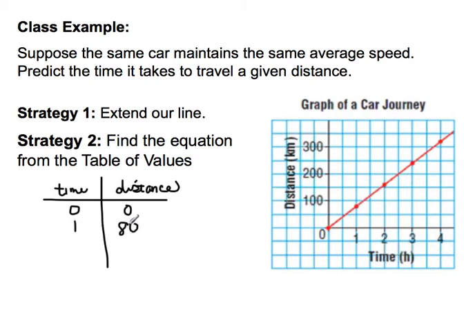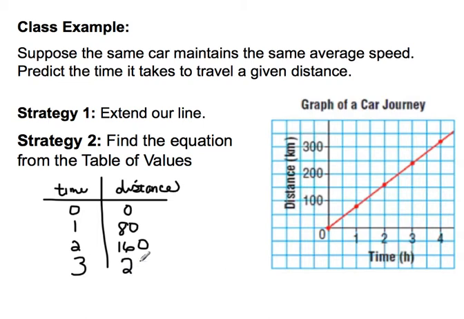Let's go back and check. Okay, so this is 50. That's a little bit more than half. I'm going to say it's 80. Let's see if the other one fits. This one's a little bit more than 150. Yeah, that makes sense. Can you see the pattern? And then this one's just a little bit less than 250.